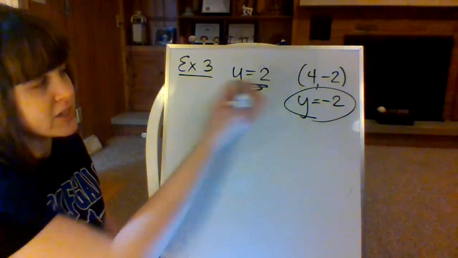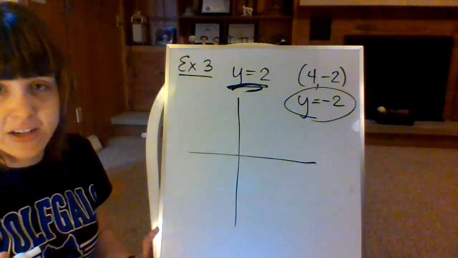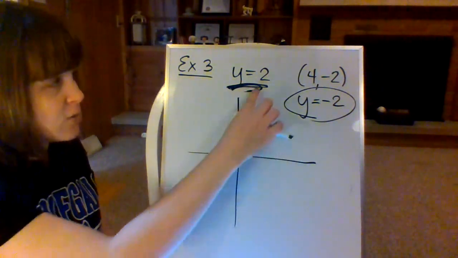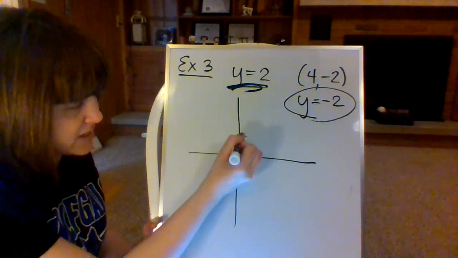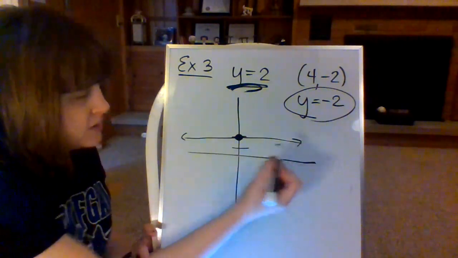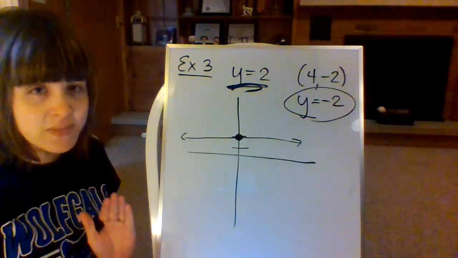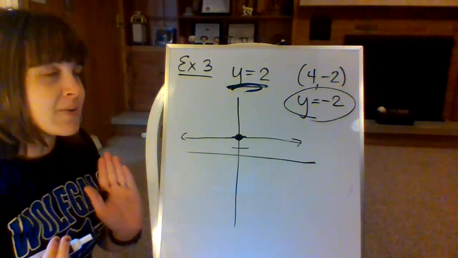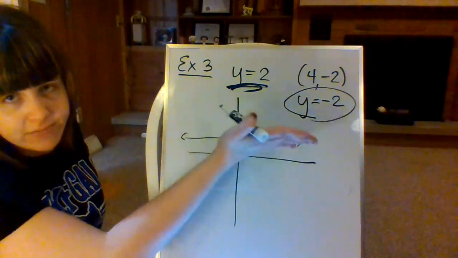So our original equation here is y equals 2. So if you think about your coordinate grid, I know that's slanted, but deal with it. Okay, so y equals 2 is a horizontal line that passes through the point 0, 2. Okay, so if I wanted a line parallel to this, it would also have to be a horizontal line.